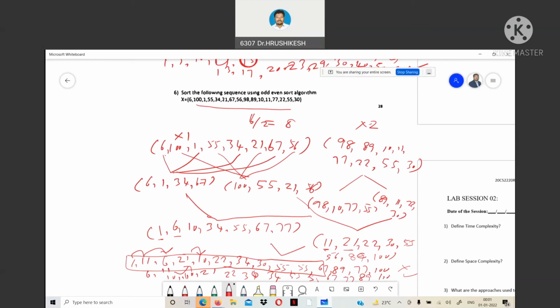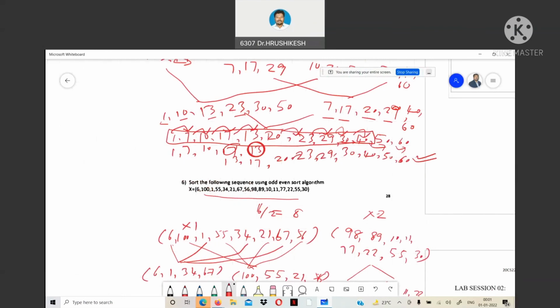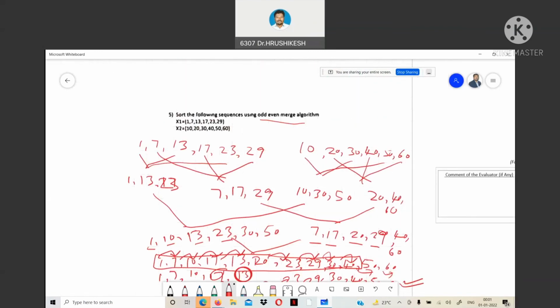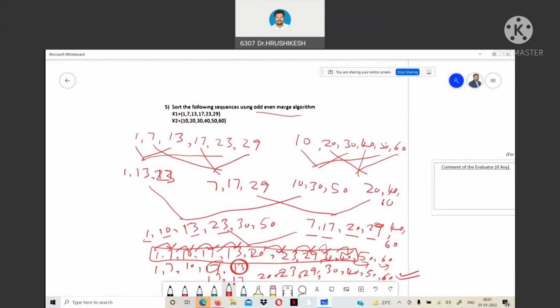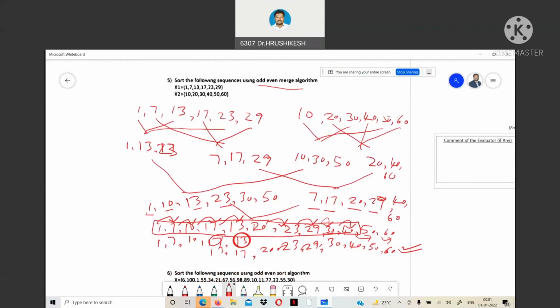Okay, that's all, friends. So in odd even merge, two lists are given. From the first list, odd index and even index elements we are forming as a group, and in another list odd index elements and even index elements are grouped separately.